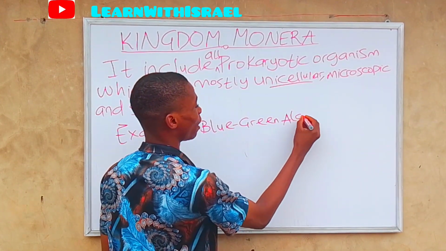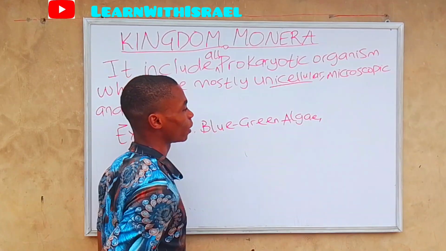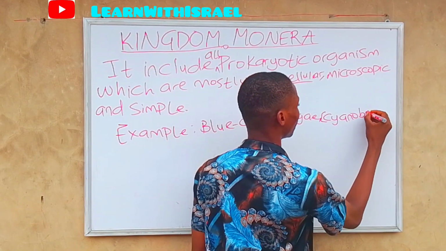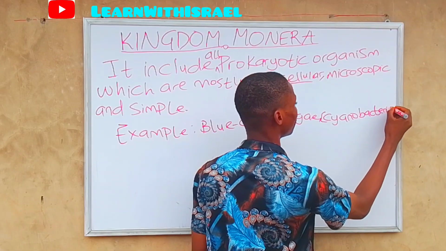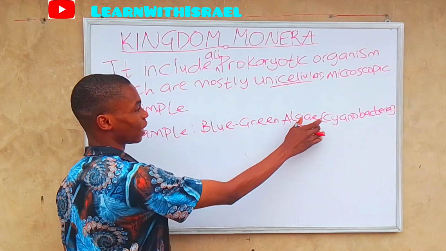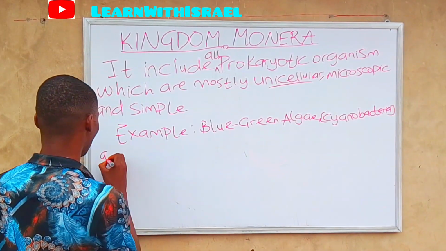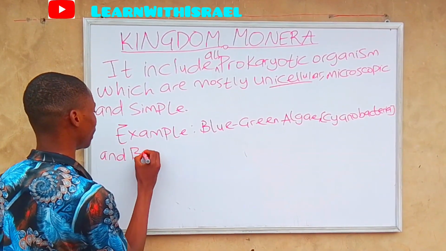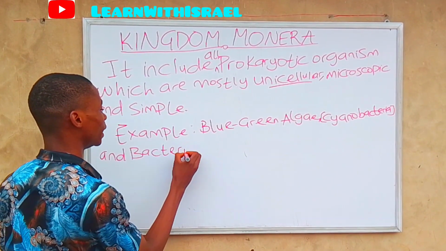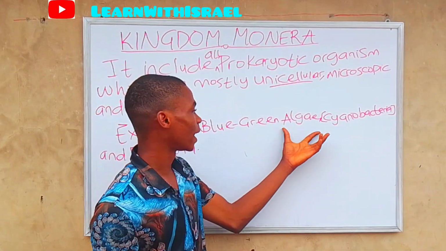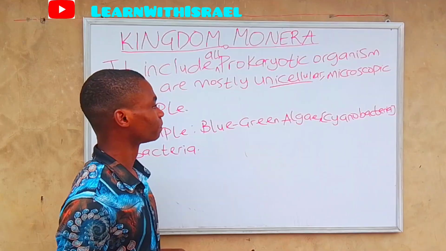Some people will call it alga. Blue-green alga, also known as cyanobacteria, and bacteria. So these are the two examples of Kingdom Monerans: blue-green alga and bacteria.